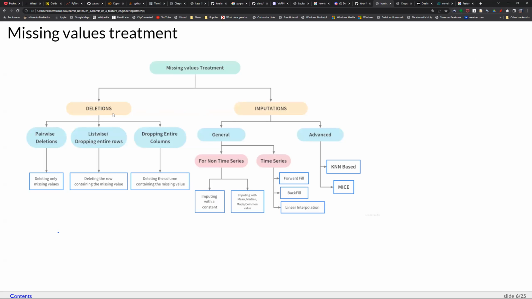In the deletions, remember that pool feature that has almost everything missing there? Well, you could say that from a certain percentage of missing values, I'm going to get rid of those variables, those columns. So you can drop entire columns and deal with that situation. Also, you can delete entire rows. For example, if a row has a missing value in one of the columns, in one of the variables, then we're going to delete it.